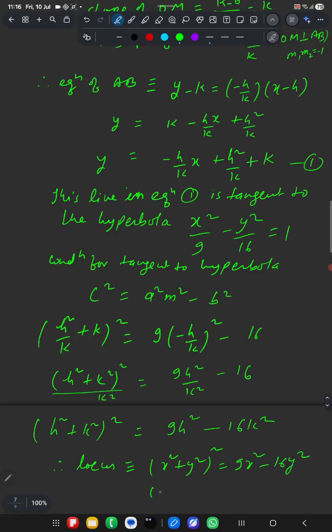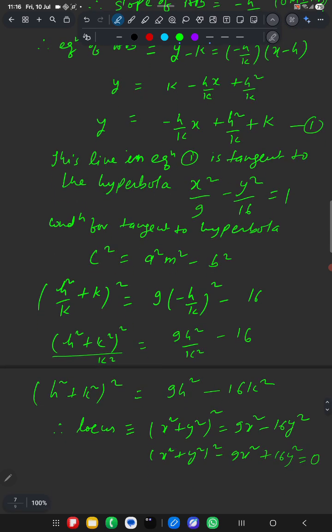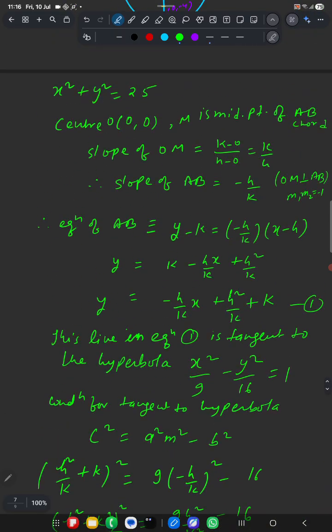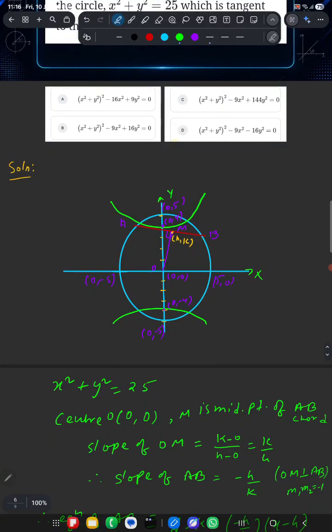According to the given option, we can write this as (x squared plus y squared) whole squared minus 9x squared plus 16y squared equal to 0. Bring all the terms to the left side. So this is your option number B. So option B is correct. You can check it from the options. This is your option. Okay, so this is the solution.